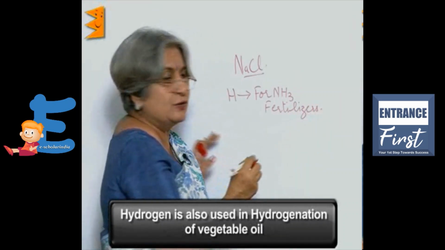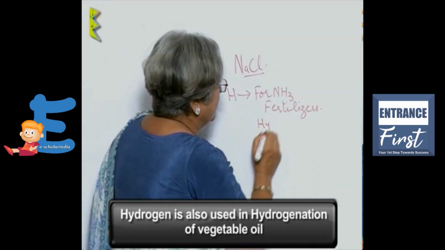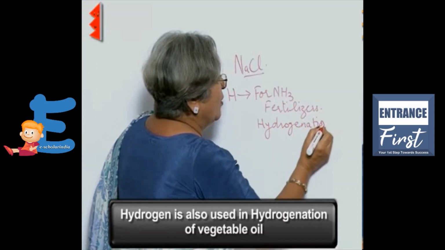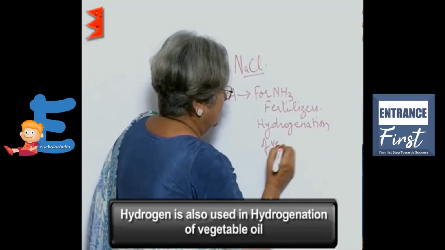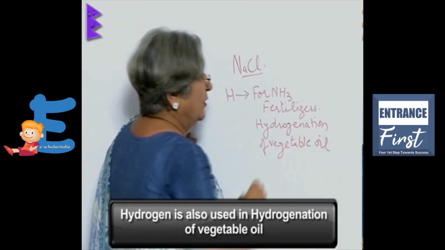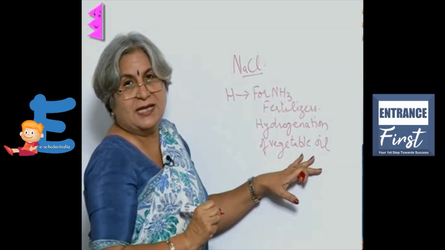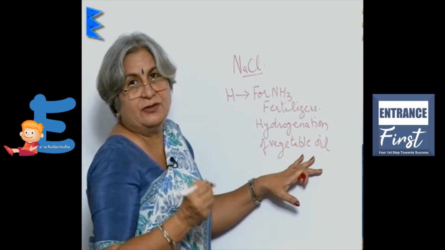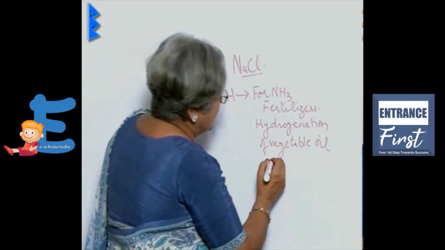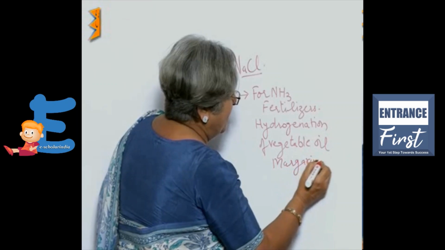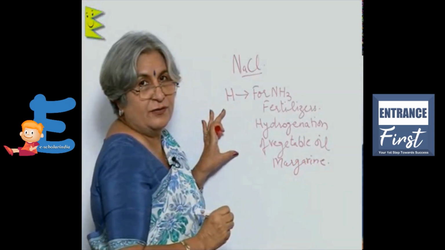Hydrogen is also used for hydrogenation of vegetable oil. You see, the vegetable oils have unsaturated fats. To saturate them, we use hydrogen. So we can say it is used in margarine. These are the uses of hydrogen.